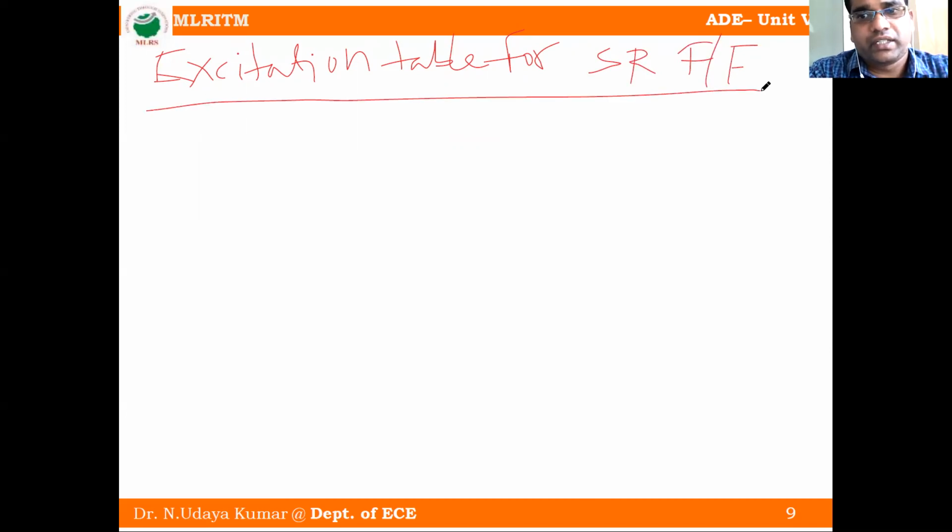Our first job is we have to write the truth table for SR flip-flop. We know that S, R and Qn and Qn plus 1. So Qn is the present state and Qn plus 1 is the next state.